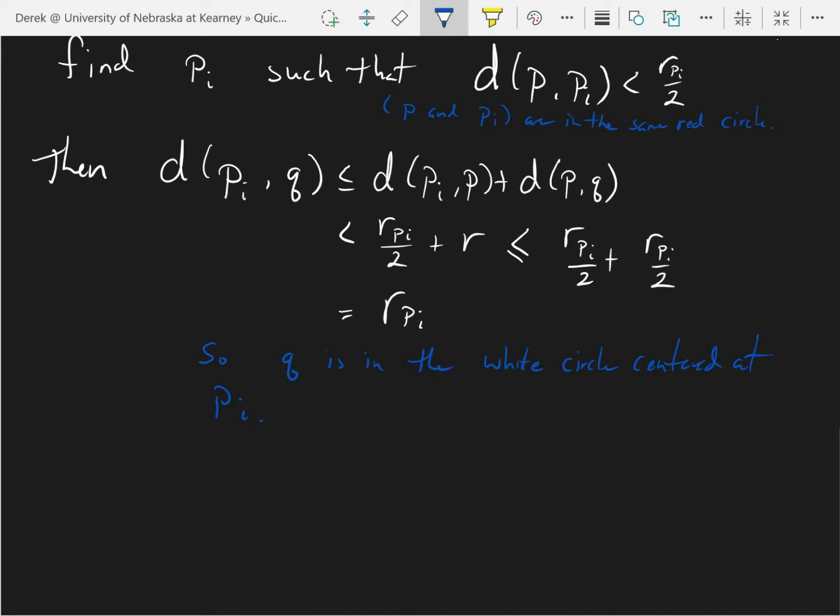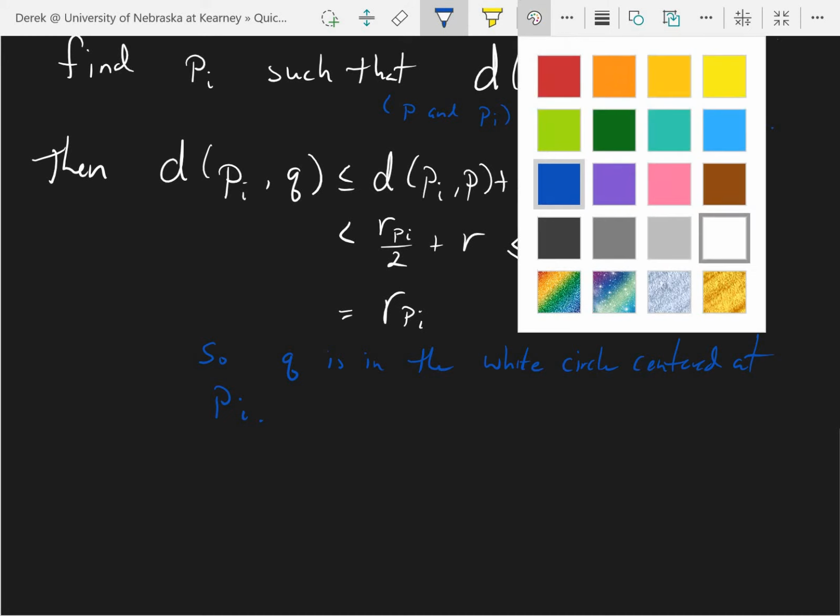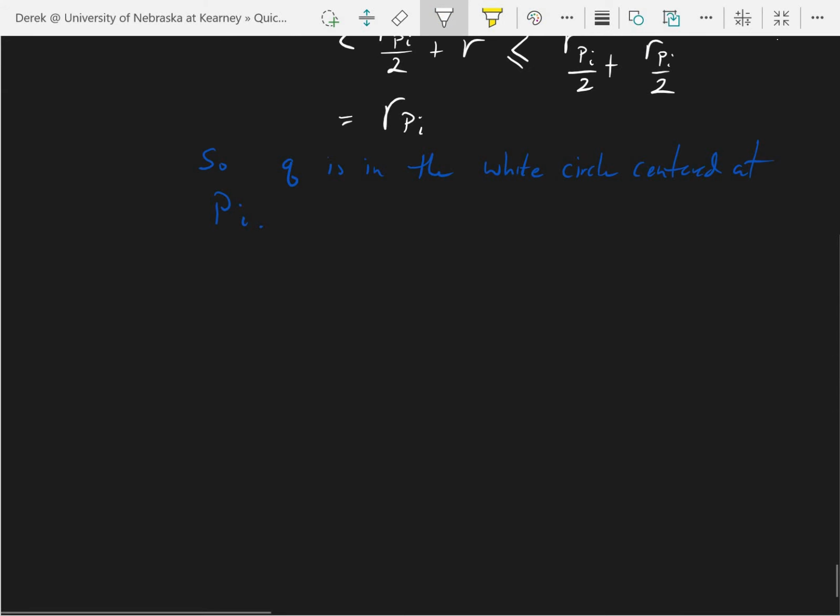Okay, so I know P sub I and Q are close together, and I know P and Q are close together, so now I just have to bound the distance of their outputs.